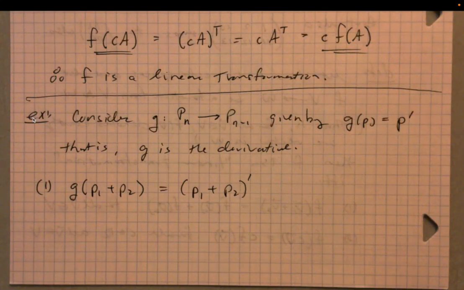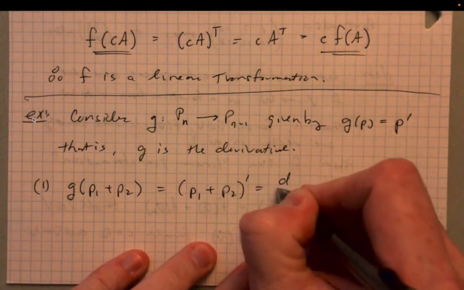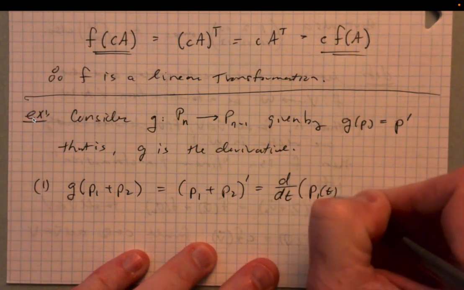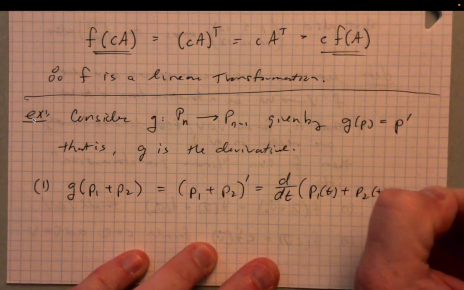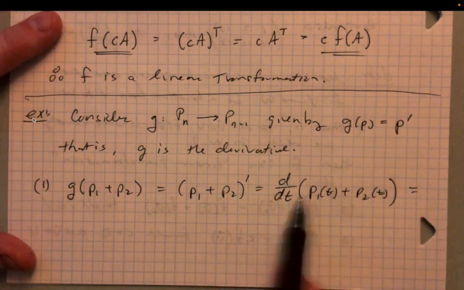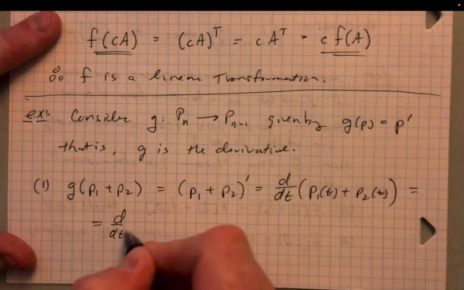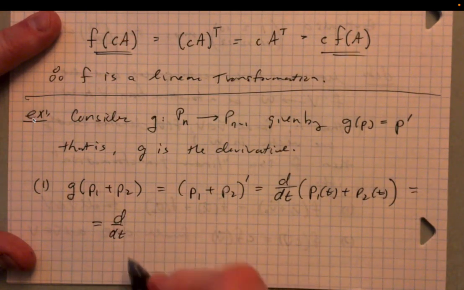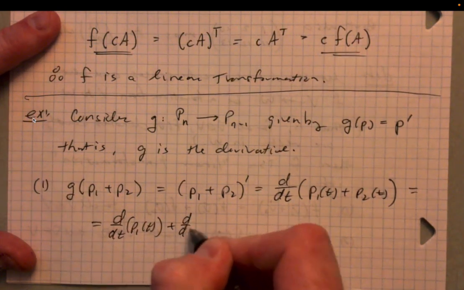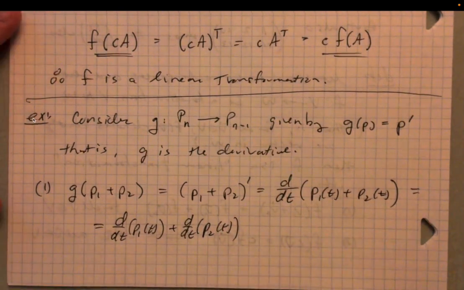Now, you may recall from calculus, right? Let me write it slightly differently. If I take d/dt of p1(t) plus p2(t), this is sort of the notation that we're used to from calculus. I know that I can break the sum apart, can't I? I know, for example, that that's equal to d/dt of p1(t) plus d/dt of p2(t). Right, you might remember that from calculus.